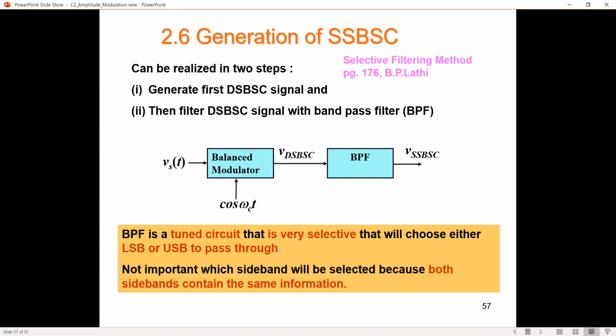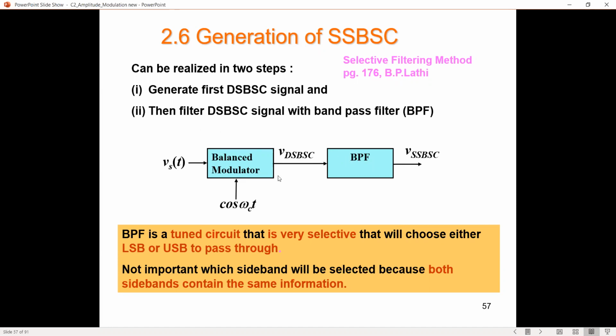Next is the generation of single sideband suppressed carrier. Okay. For the direct method, again, it is very straightforward. Since our single sideband takes either one, either lower or upper sideband, what we can do is put a band pass filter after our double sideband suppressed carrier.